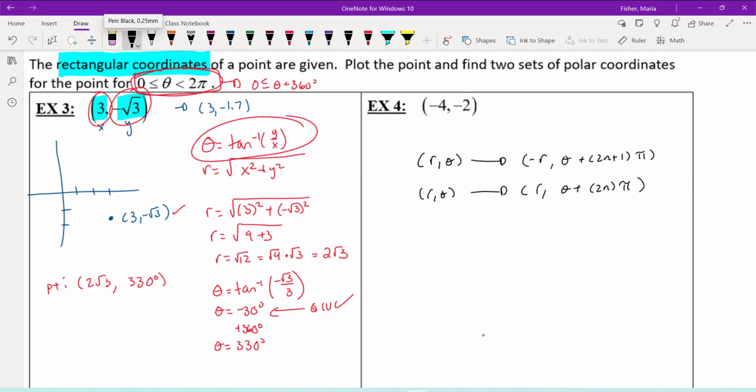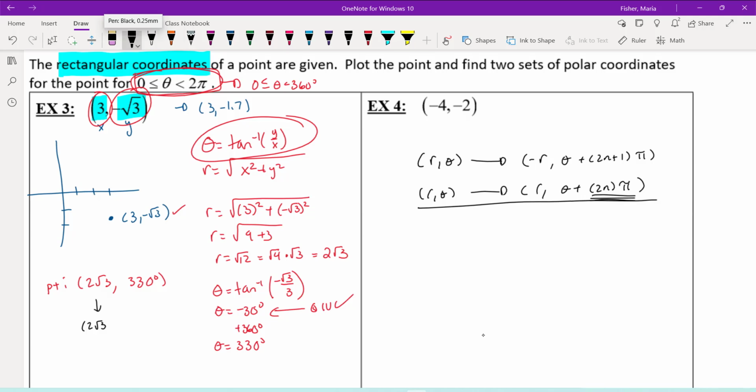Well, in this case, we're not talking about pi, we're talking about 180 degrees. So if I want r to stay positive, I need to add an even integer multiple of pi.